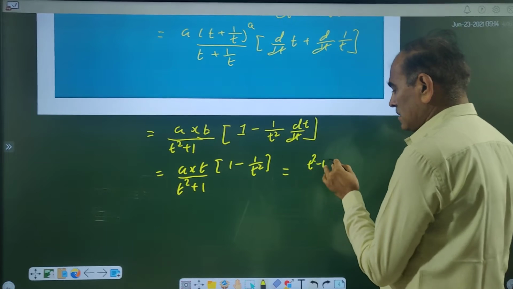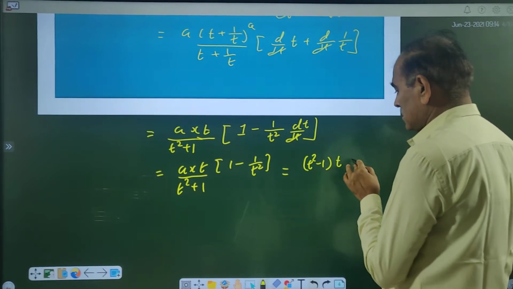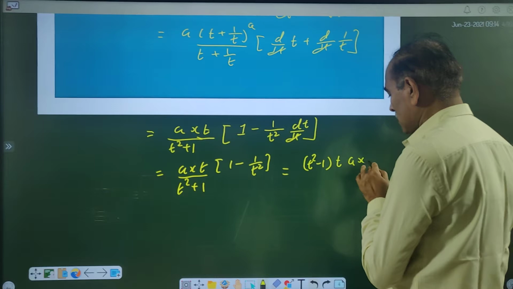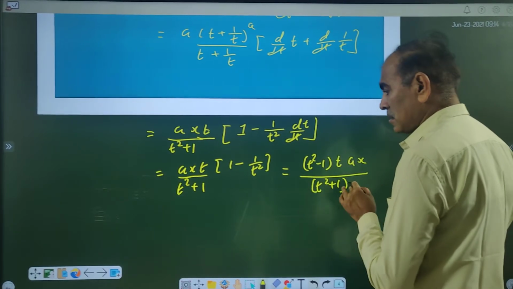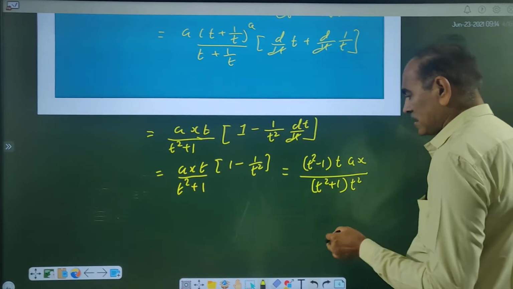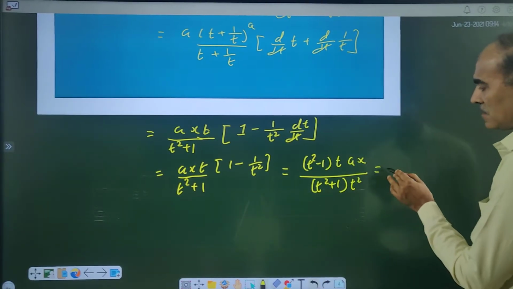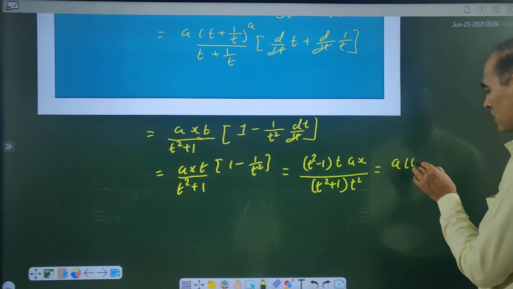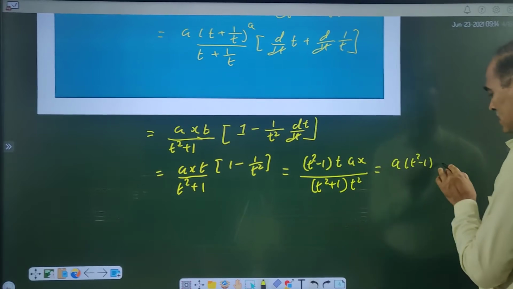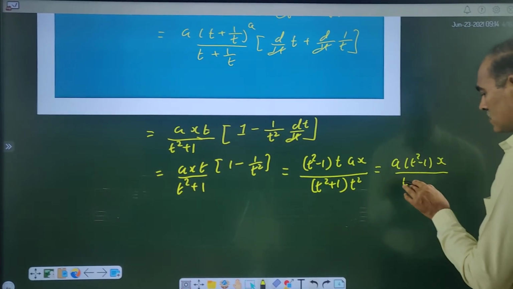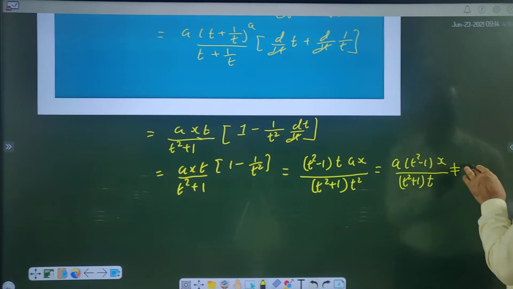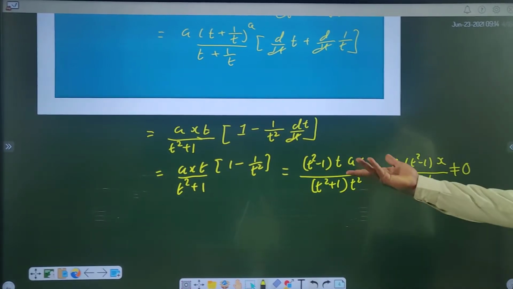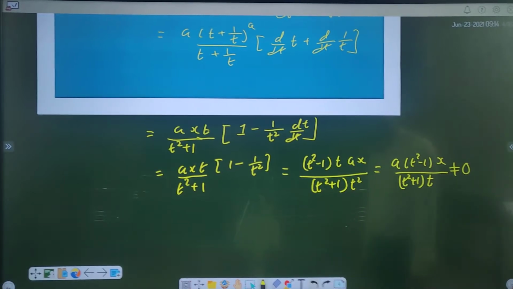Can I write here: (t square minus 1) into t into a x over (t square plus 1) into t square. The t gets cancelled. What we get? a of (t square minus 1) into x over (t square plus 1) into t, and t not equal to 0. This is our dx by dt.